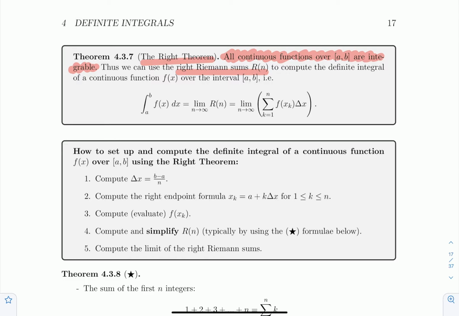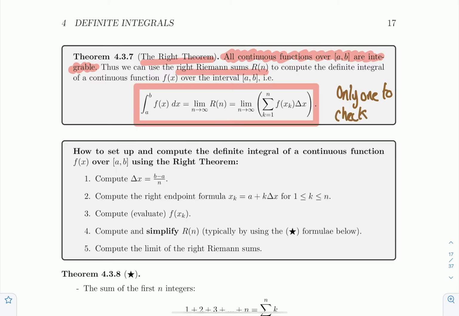This theorem is really fun because if you compute the limit of the right Riemann sum, if that number exists, then it needs to be, since all of them are the same, the actual value that you're looking for. So this theorem simplifies our computation. It's not going to make it easy, by the way, but it does simplify our task because you just have to do it for one Riemann sum.